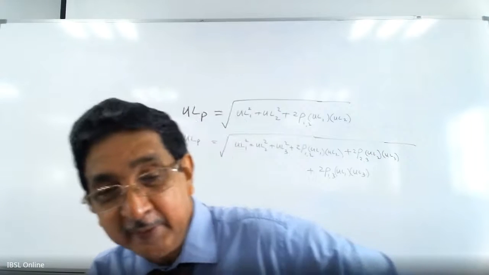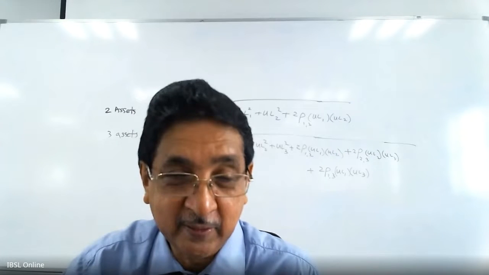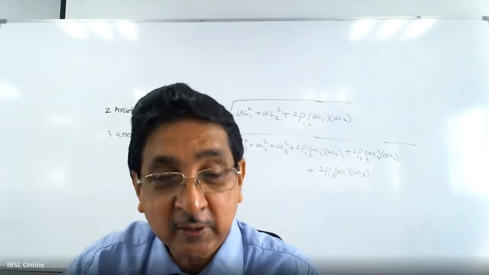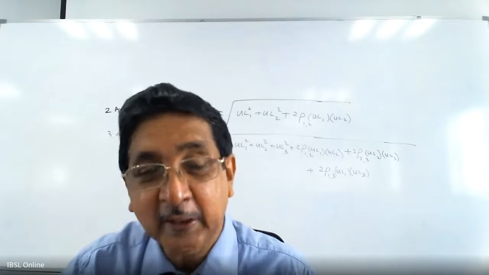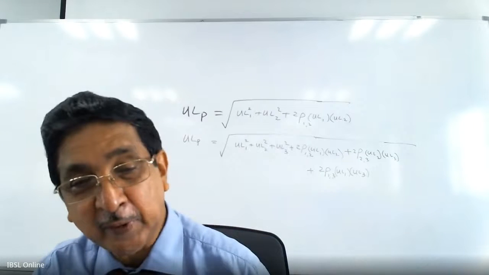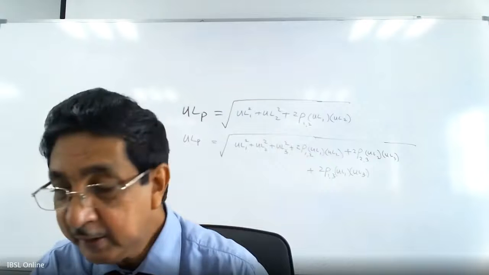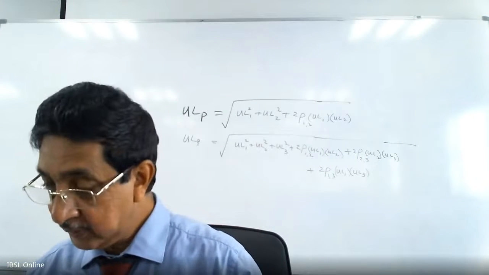Then another one, 2 rho 1 3, then UL1, UL3. And you take the square root of the total. That would be the portfolio's unexpected loss. I think you can follow that, no? Can you see the board clearly? I think the ink is not that bright.